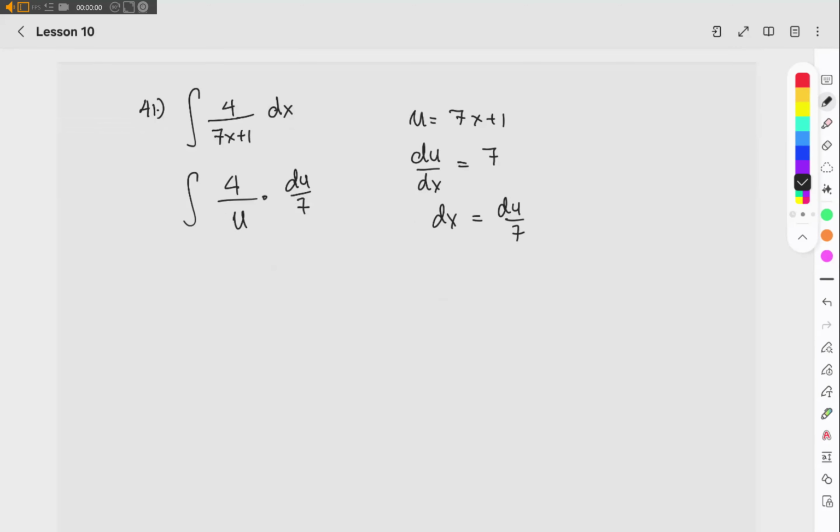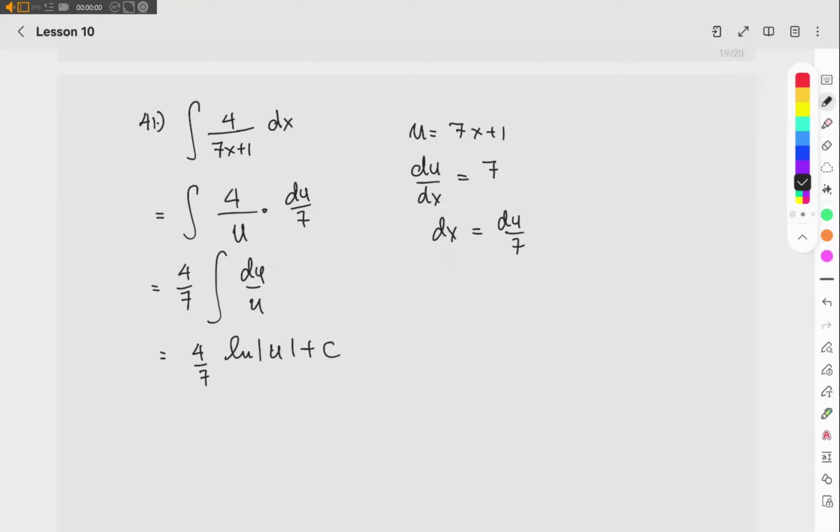Now you just take out 4 and 7. So 4 over 7 times du over u. The integral of du over u, you know that already, is ln of the absolute value of u plus c. And then your u was 7x plus 1, plus c.